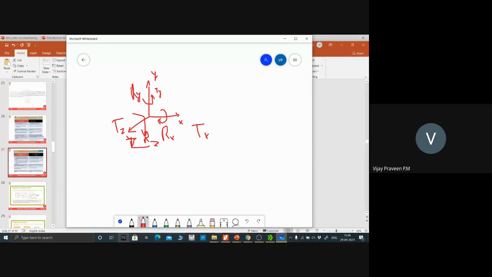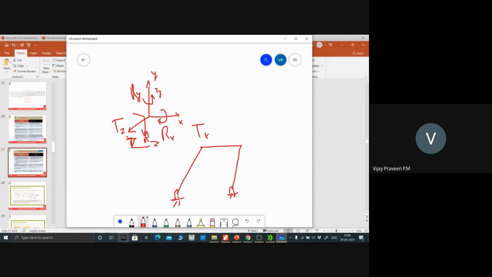So for a mechanism, if you want to frame it, at minimum any one link should be fixed. That is the main fundamental in a mechanism. Suppose we take an example like this, a 4-bar mechanism, or you can say piston and cylinder. See here, I've constrained here.